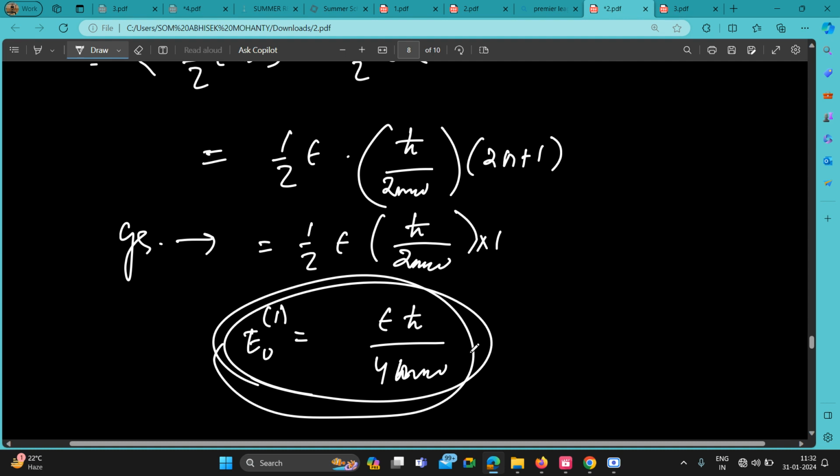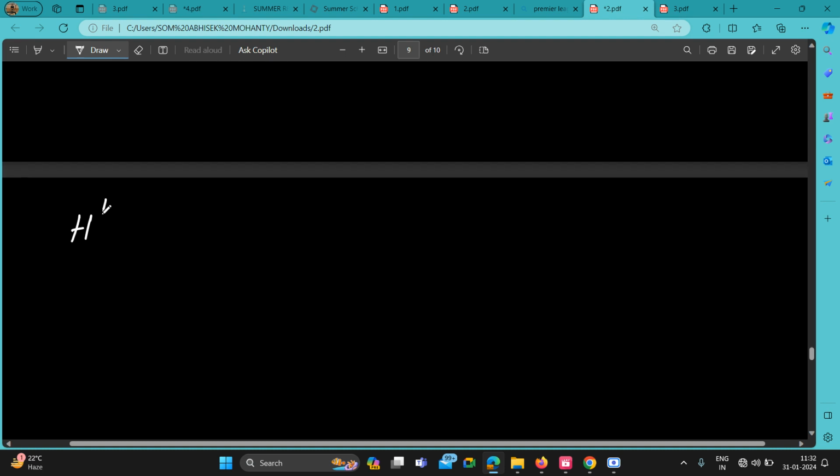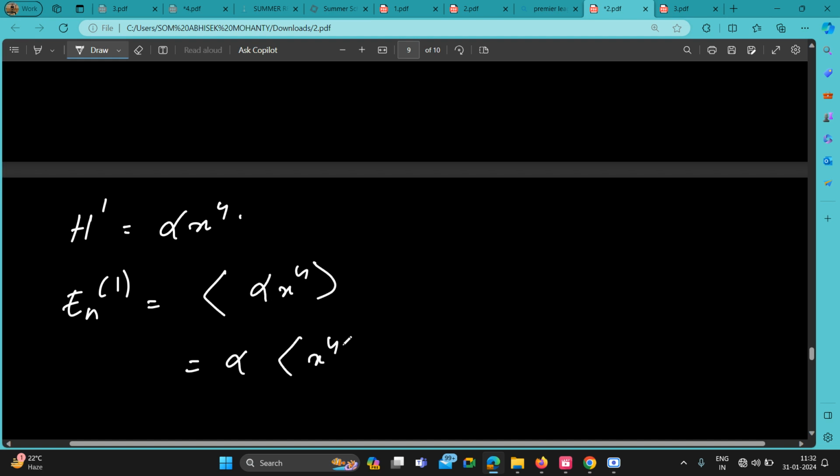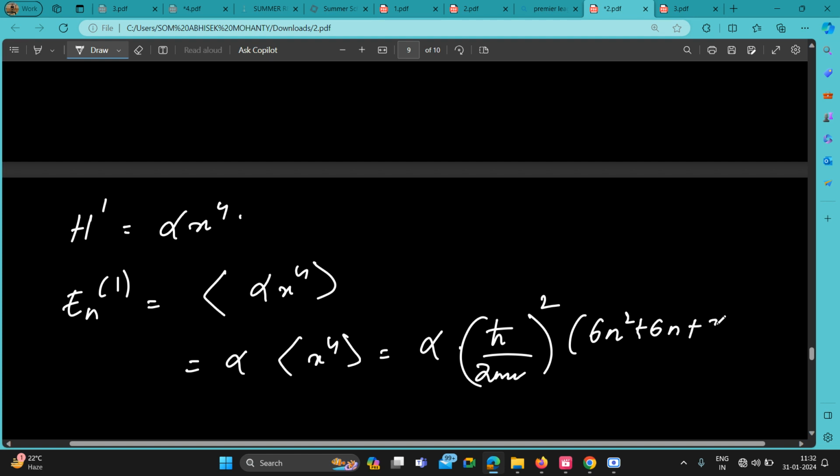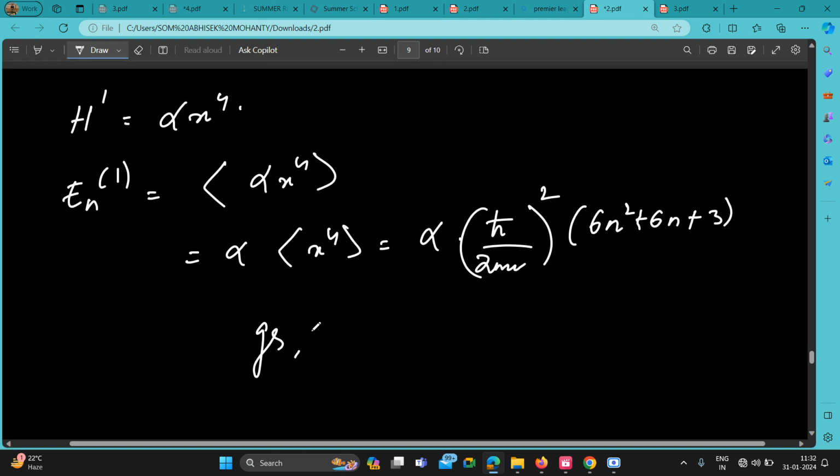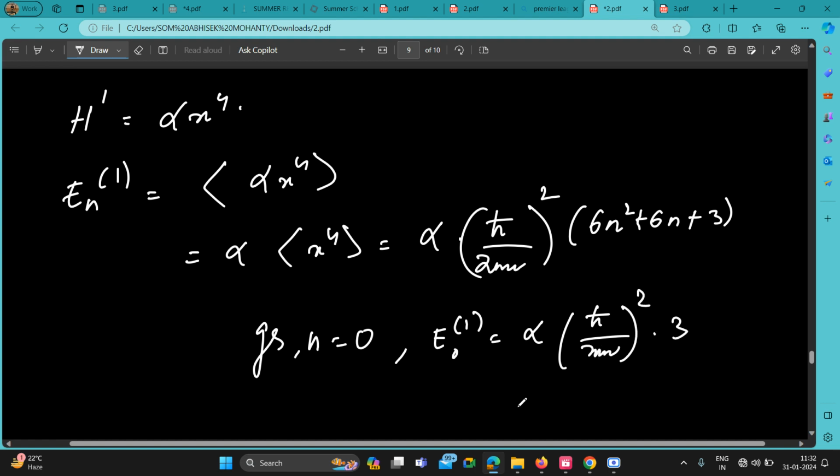Yeah. Suppose H dash is given alpha x4. What do you do? Simple again. En1 is equal to alpha x4, that is alpha expectation value x4. That is alpha h squared by 2m omega to the power square, 6n square plus 6n plus 3. For the ground state n is equal to 0. So your E01 will be alpha h squared by 2m omega whole square into 3.